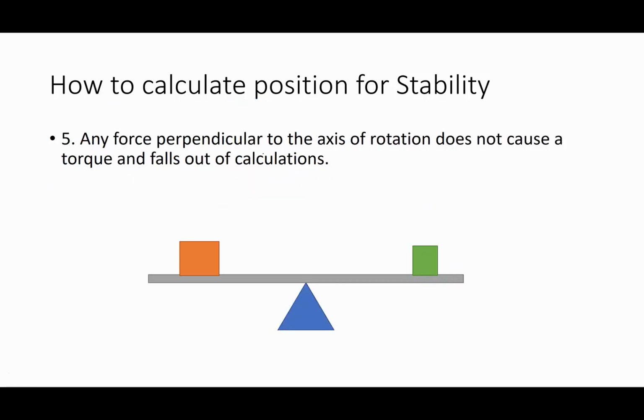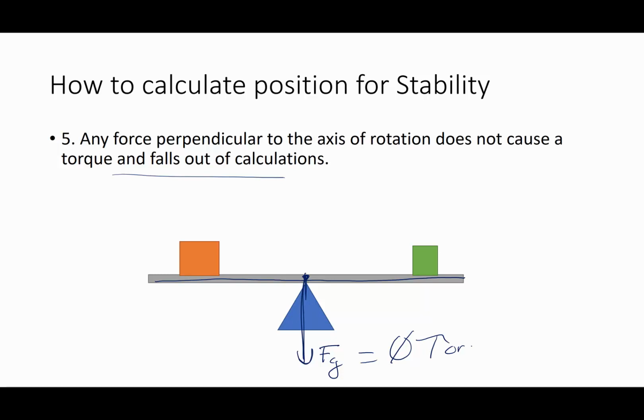And any force that happens to act at the axis of rotation does not cause a torque. What I mean is this: for this bar, the actual bar that is acting as my lever arm, that's holding up my other weights, it will have a force of gravity vector. And that bar itself, if it is acting directly over the pivot, will cause no torque.